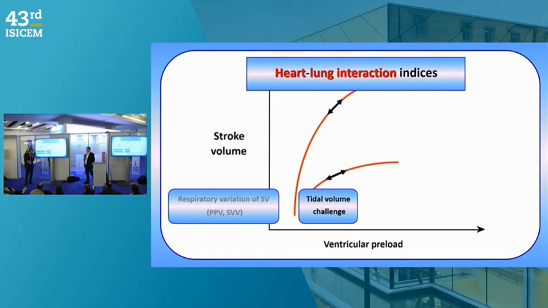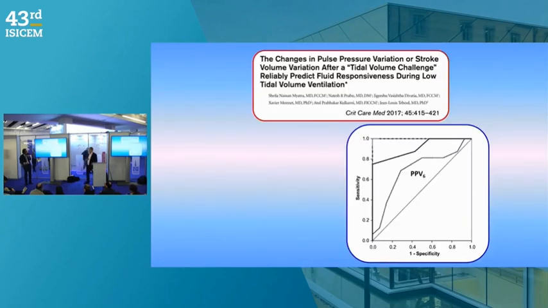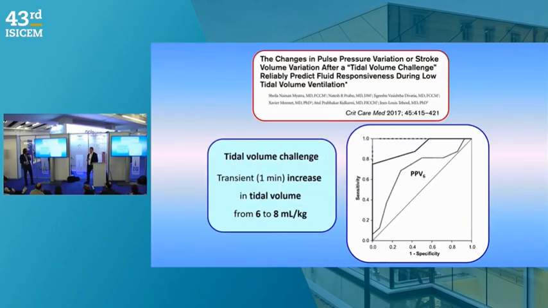In this study, we showed that when you look at the difference between the value of PPV measured at 8 and the value of PPV measured at 6, simply the difference, when it is more than 4%, you can assume that the patient will respond to fluid administration. When it is less than 4%, 3% for example, you can assume the opposite.